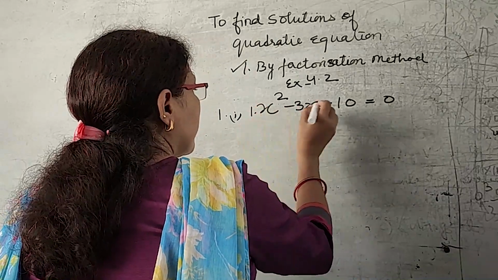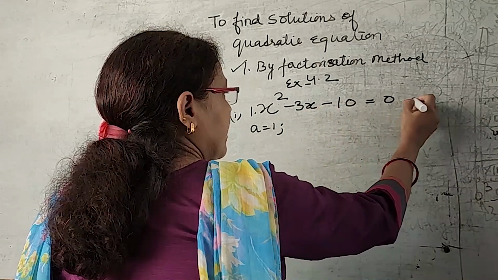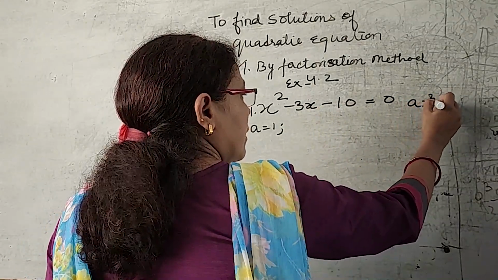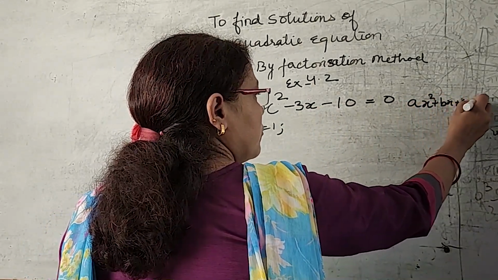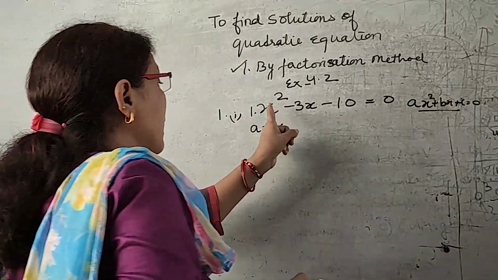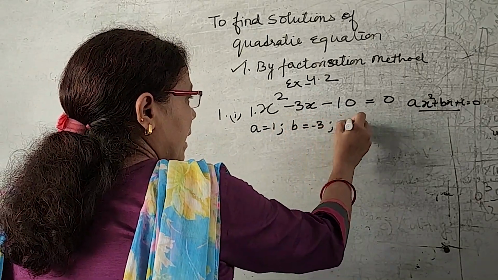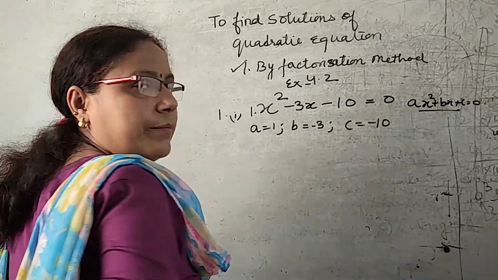If I compare it with ax square plus bx plus c equal to 0, because this is the standard form of a quadratic equation, this implies a is 1, b is minus 3 and c is minus 10.